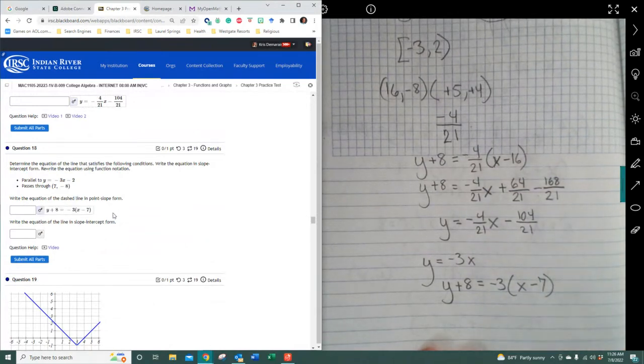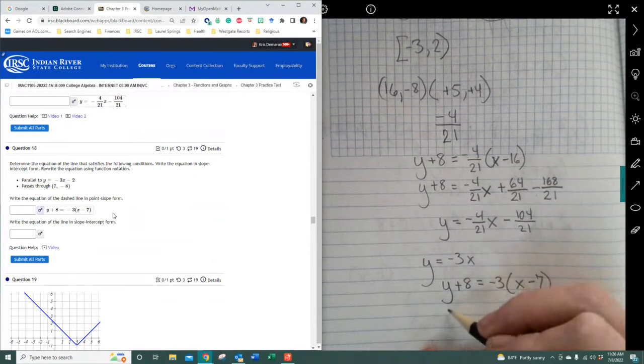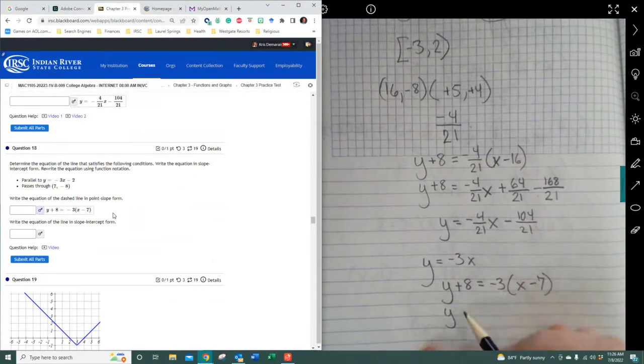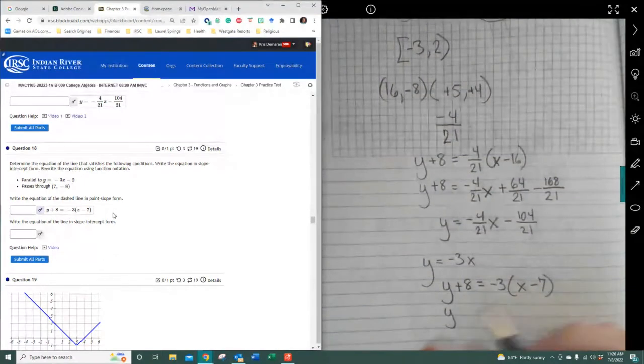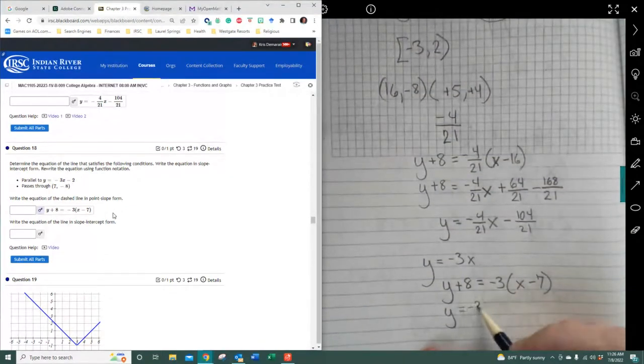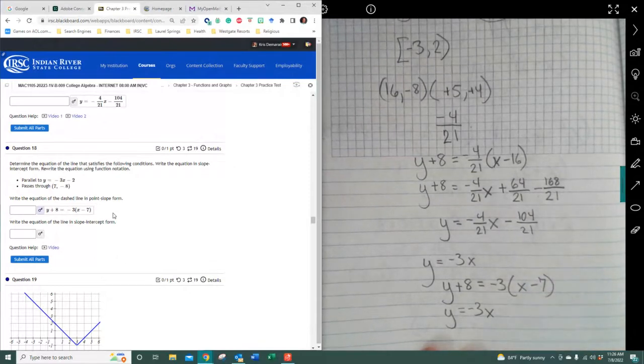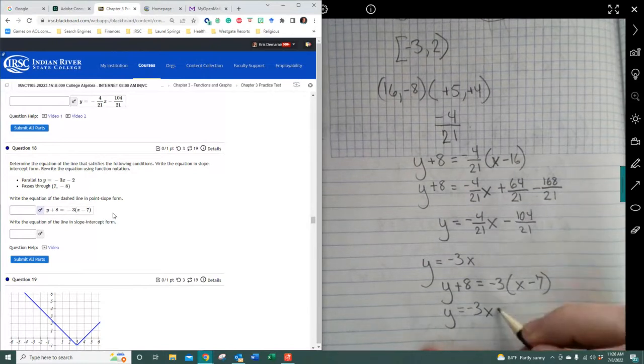All right. Now the next thing they want us to do is solve it in terms of y. So we're going to go ahead and distribute the negative 3 to both parts, and then we're going to subtract 8 from it. So negative 3x, and then we're going to get positive 21, excuse me. Positive 21, and then you take positive 21 and you minus 8 from it, and that's going to give us 13.